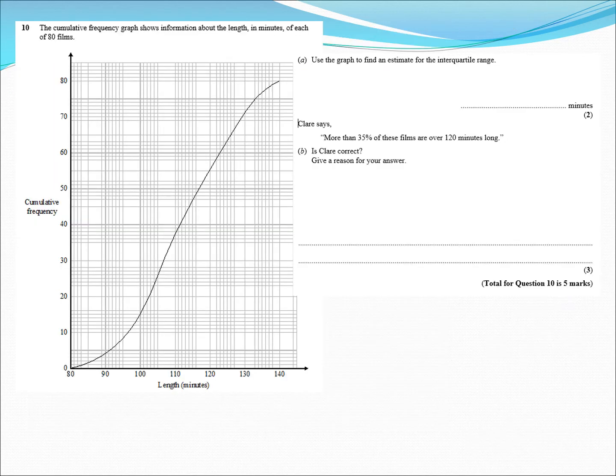That's the last question of this segment. So it's saying this is a cumulative frequency graph, and it shows information about the length in minutes of each of the 80 films. They're asking you to use the graph to find an estimate for the interquartile range. Now there are 80 films, so the interquartile range will be upper quartile minus lower quartile.